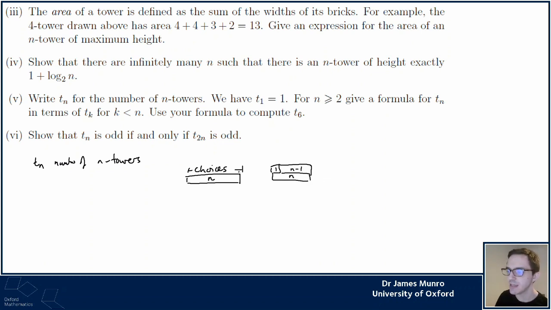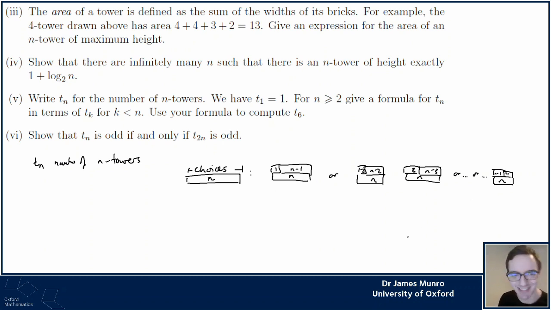Or we could split it into 2, n minus 2. I'm trying to work through the cases systematically. When I was working out the 4 towers, I sort of did them in a random order. But here I'm trying to think about all the cases of what could be going on, or you could have a really wide brick n minus 1 over here and just 1 on the right. Okay, so those are my choices.